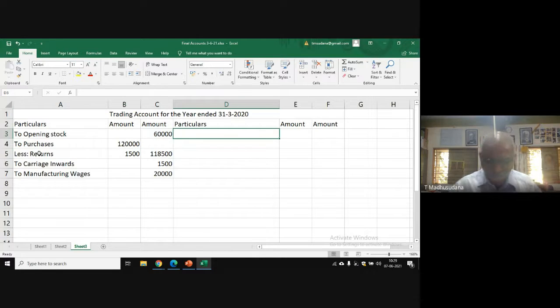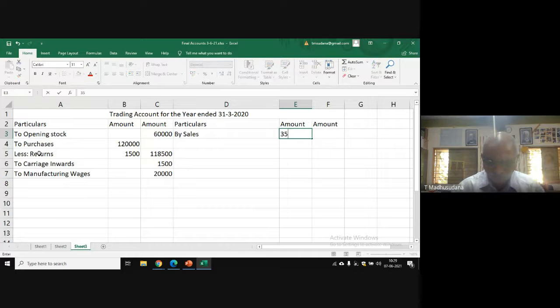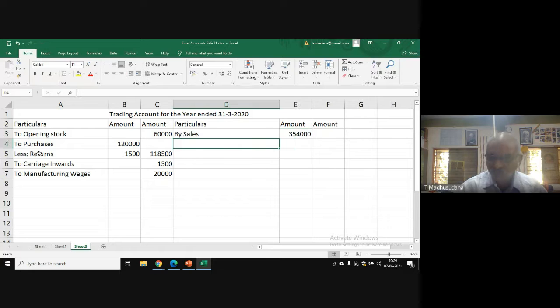Okay, next, credit side. The first item is sales. There are sales returns, therefore you show 3,54,000 in the inner column, less returns.